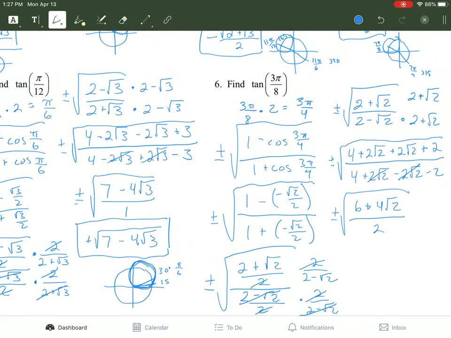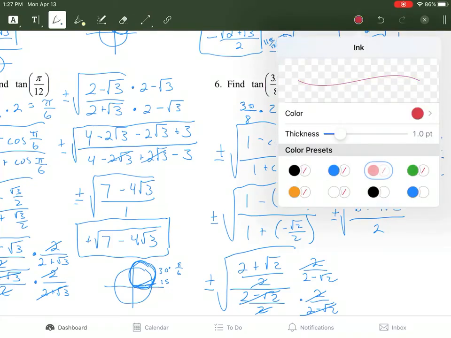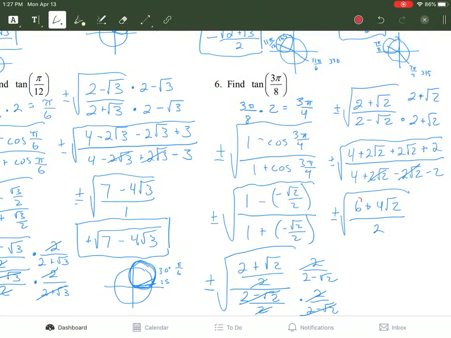But wait, there's more. You'll notice in this case, unlike the last problem, there's not a 1 in our denominator. So when you square root 2, it doesn't work out very nicely. However, inside our problem you have 6, 4, and 2. Those are the ones that make a difference.